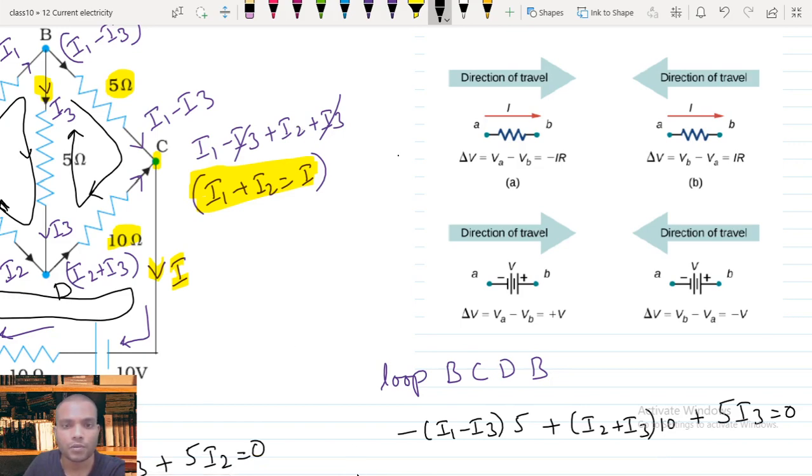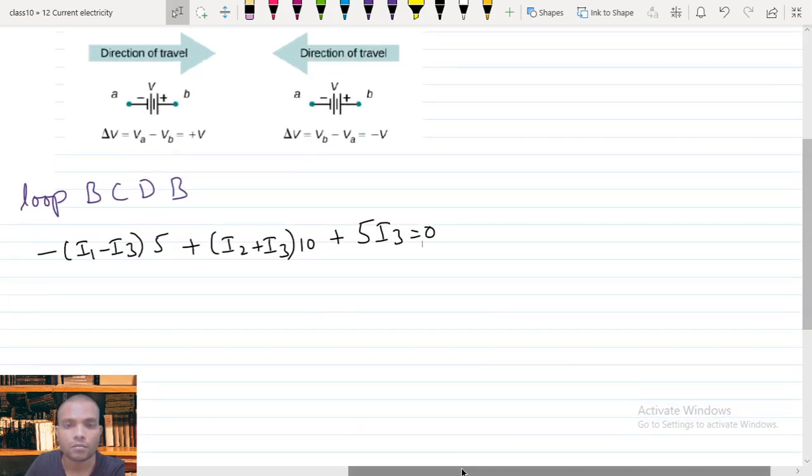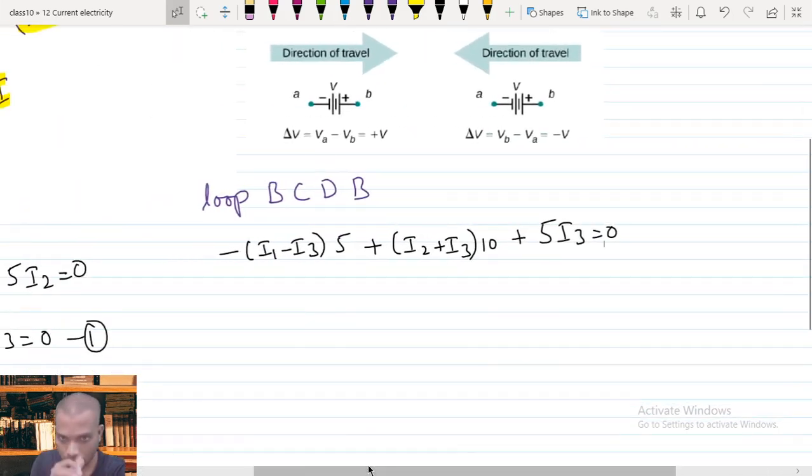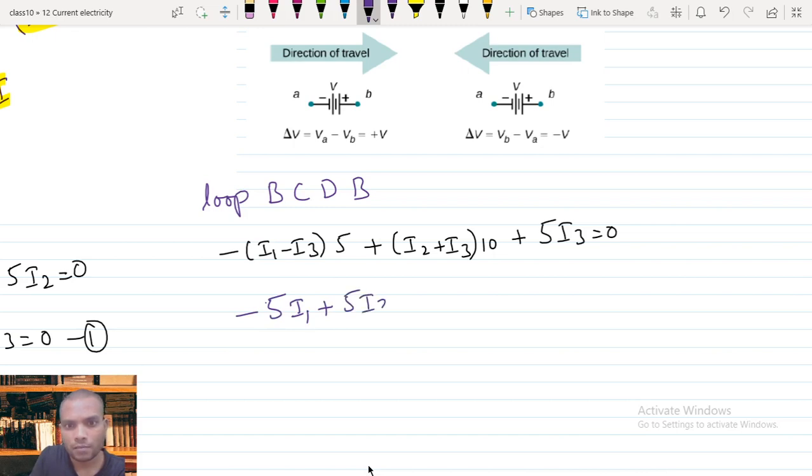Now let us simplify these expressions. Now let me explain this first. Minus 5I1 plus 5I3 plus 10I2 plus 10I3 plus 5I3 which equal to 0.